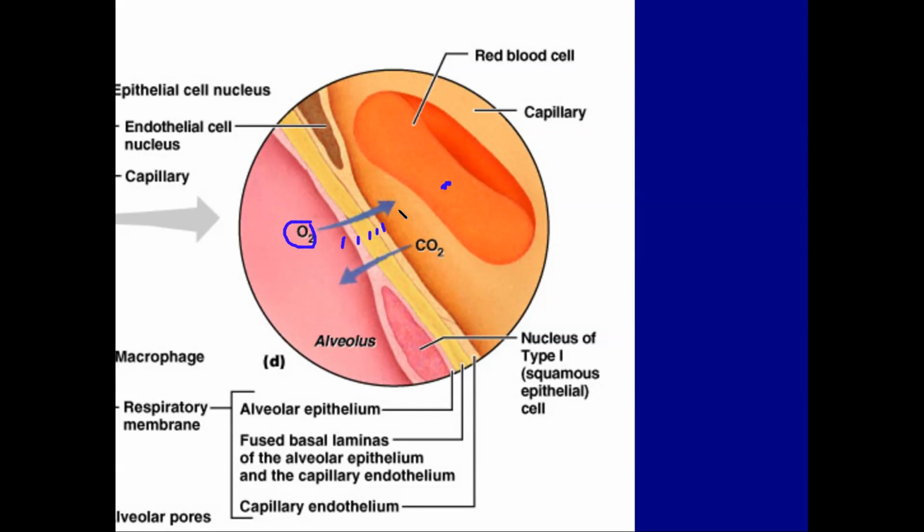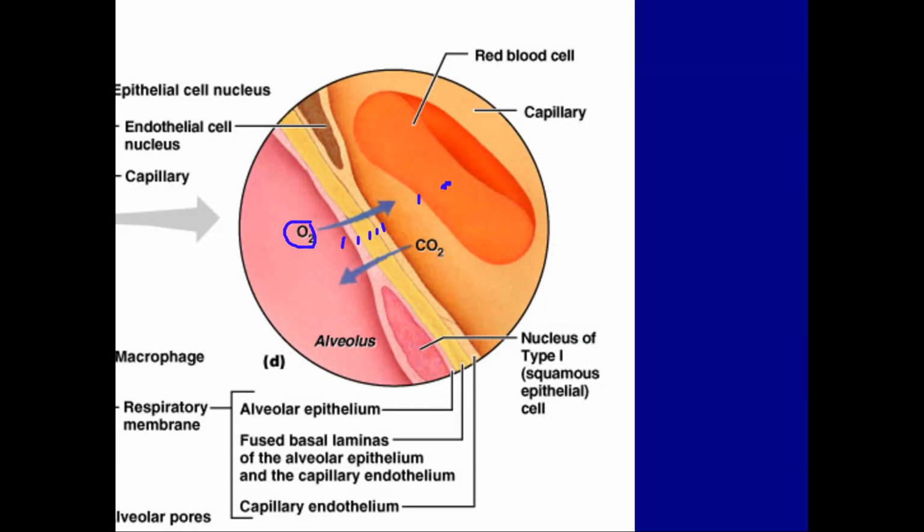Then now the blood has to make its way into the red blood cell and across that membrane as well. Okay? So in total, we're looking at 1, 2, 3, 4, 5, 6 membranes. So oxygen has to pass through 6 membranes to get into your red blood cell. So the blood-air barrier is a real deal, right?